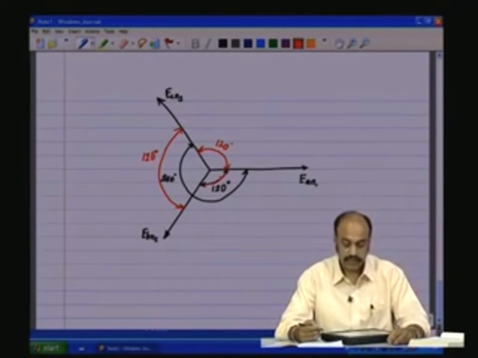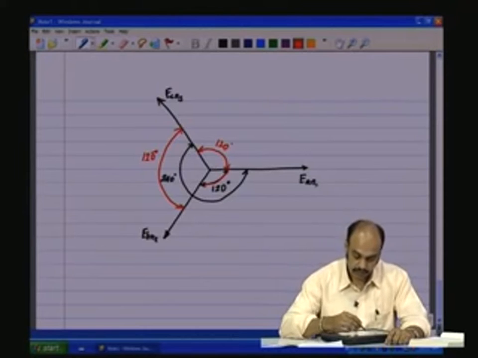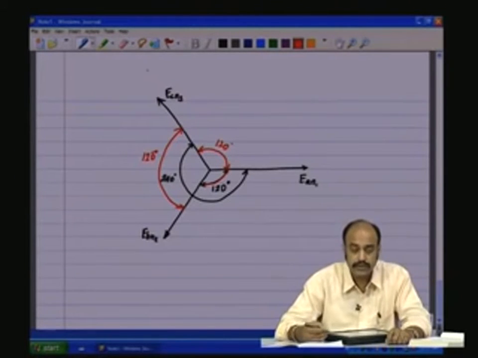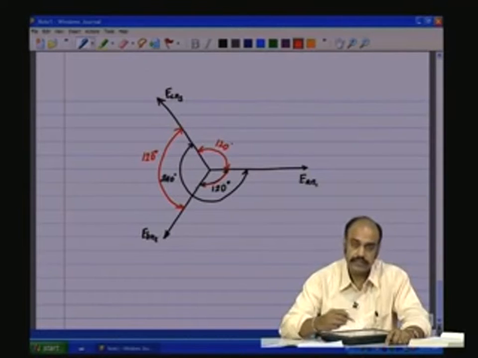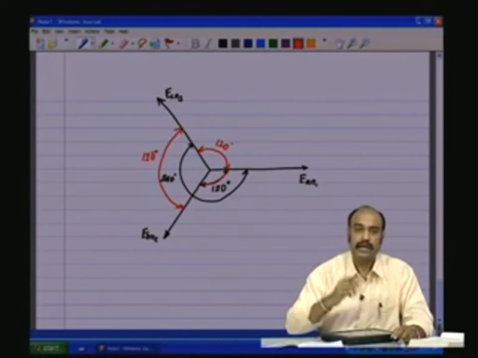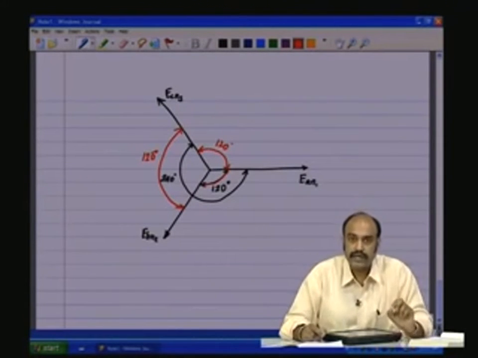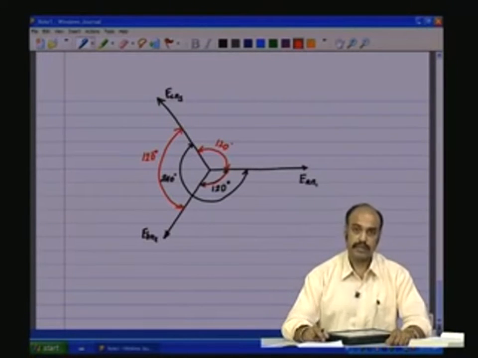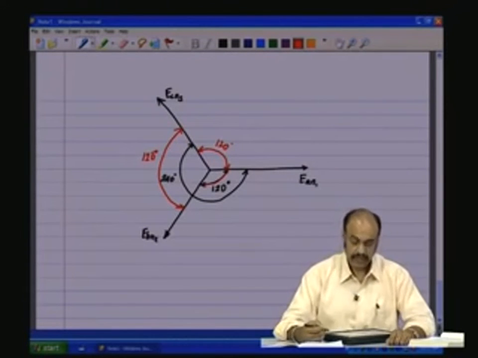This satisfies the second condition. The first condition of course being the amplitudes are all same, the phasor amplitudes, and the second condition is they are equally displaced with respect to each other in a circle, and that is 120 degrees, 360 by 3, which is 120 degrees with respect to each other. So, this is the second constraint.